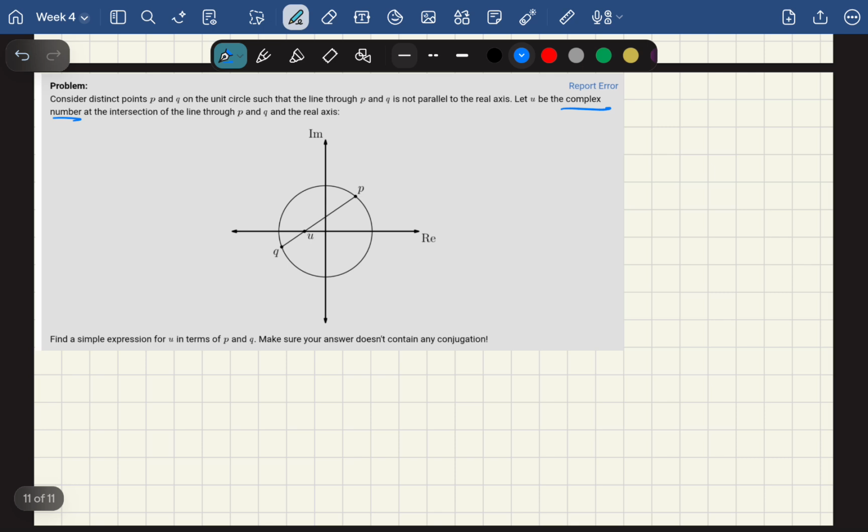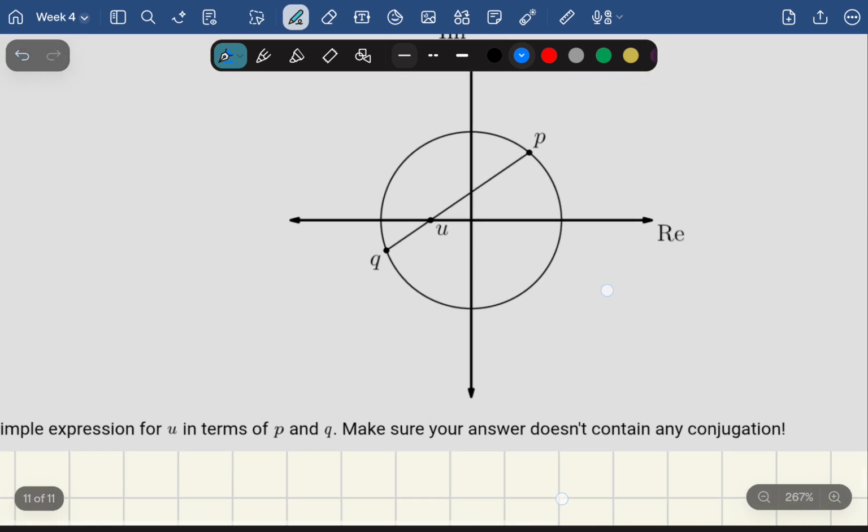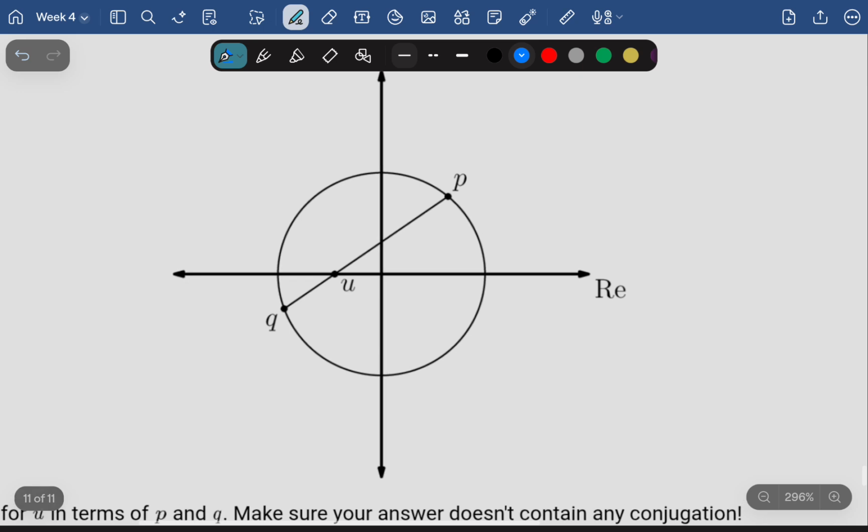Conjugates, eh? Okay, so first thing you gotta do every time is to try to shift one of the points to 0. So if we shift Q to 0, we can draw this line. And then this becomes P minus Q. And then U's like here.